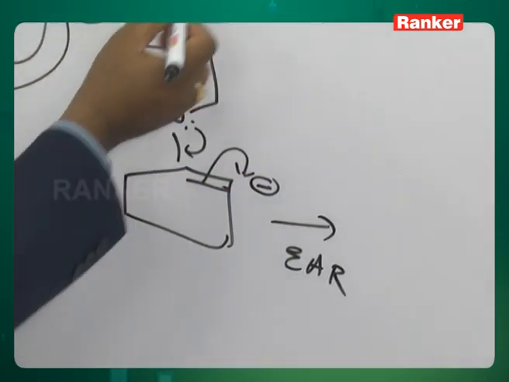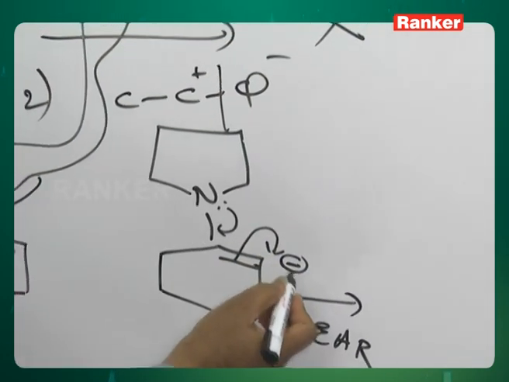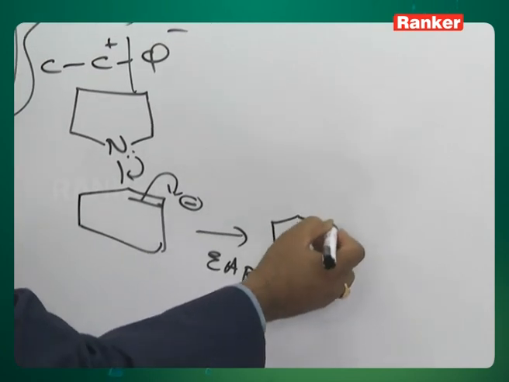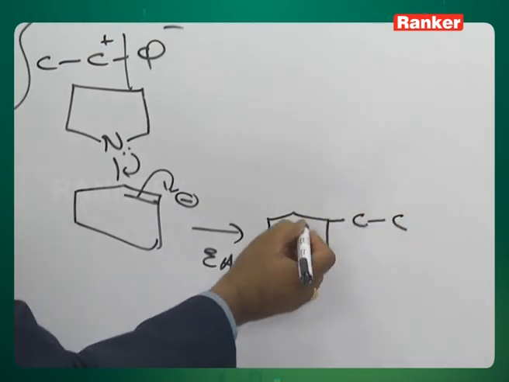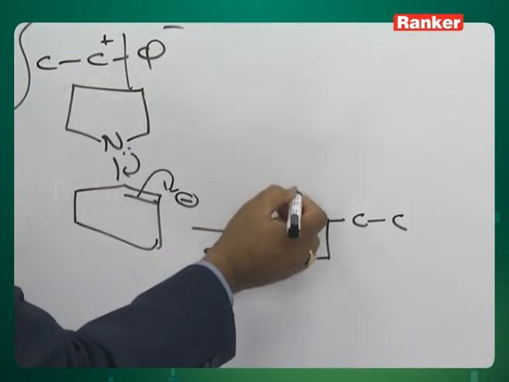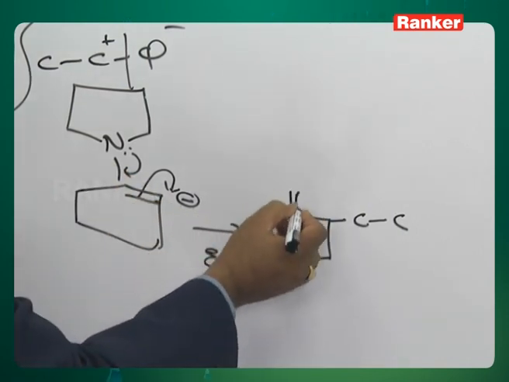So if RX is added, X is minus, R is plus, and the R plus will attack here and the X goes here. Finally the alkyl group R is added here, and if it goes back, the double bond goes back and you will get an N plus here.